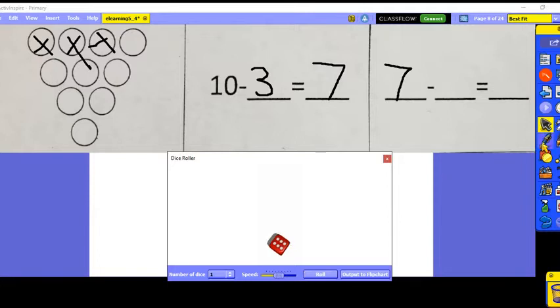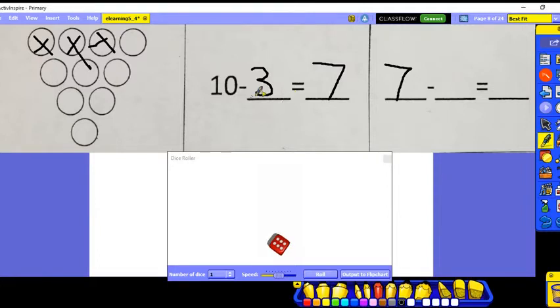So let's take 6 away. 7 minus, let's use a different color this time. 1, 2, 3, 4, 5, 6. So I've got 7 minus 6. That's how many we took away. Now, how many bowling pins do we have left? There's just 1. 7 minus 6 equals 1.